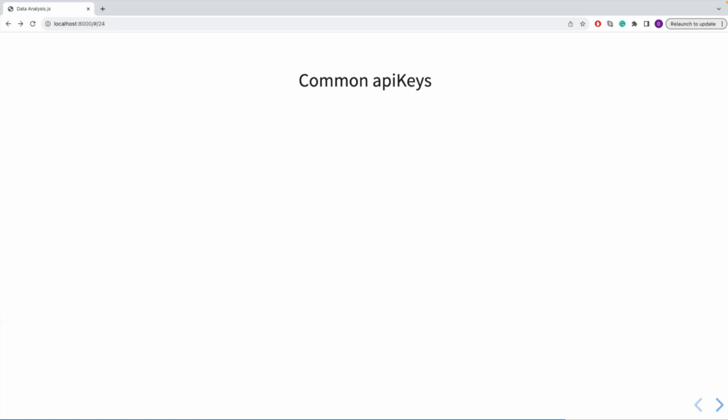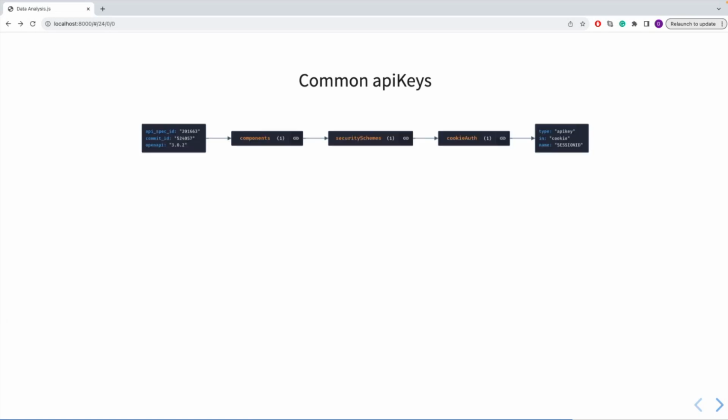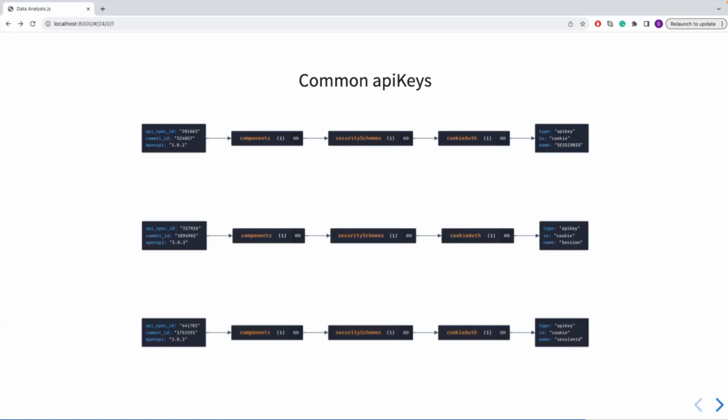We can also see other cases also using API keys, but the names change a little bit while referring to the same security schema. It's the same structure, but with several names.